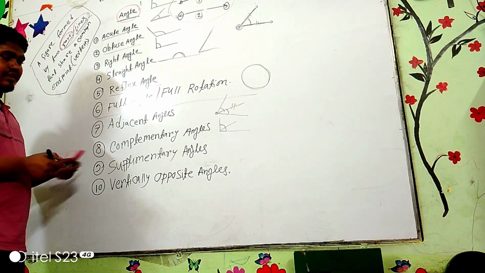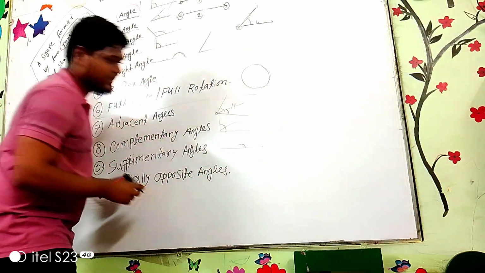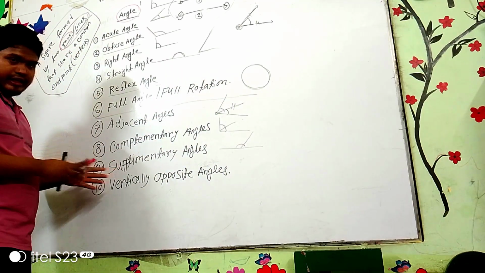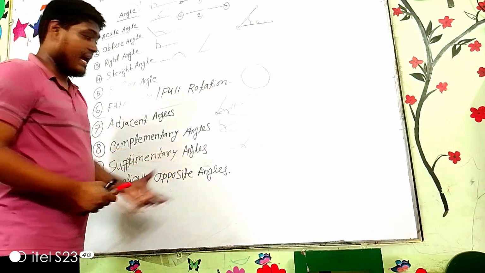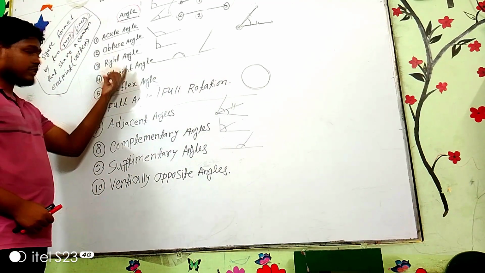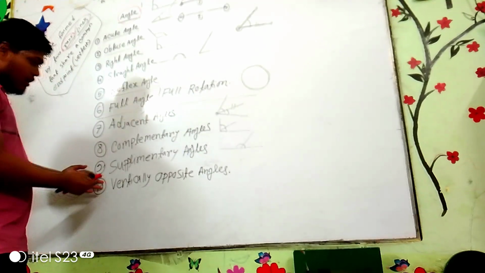Supplementary angles. When two angles add up to 180 degree, or a straight angle, it's called supplementary angles.